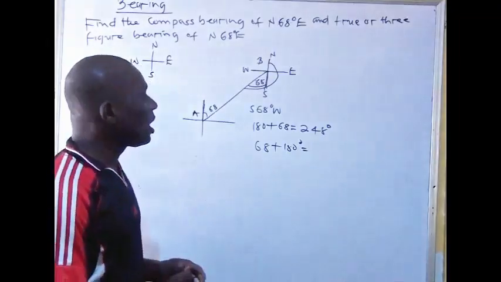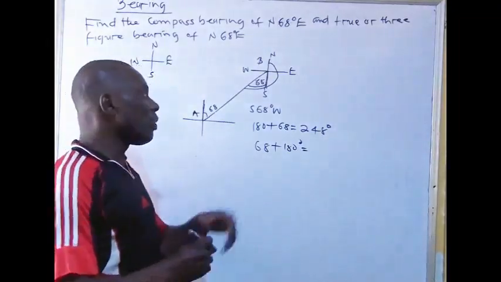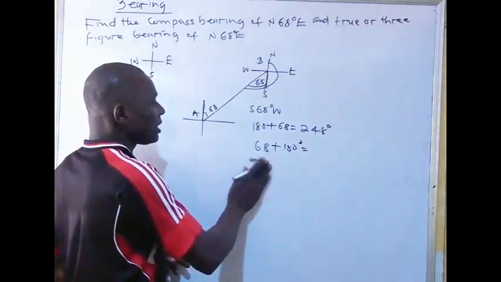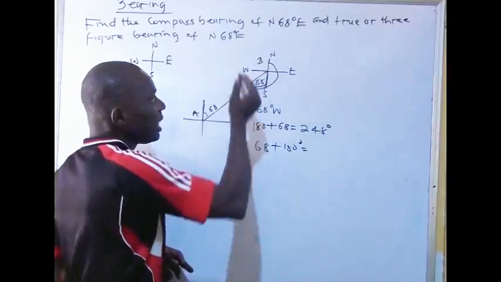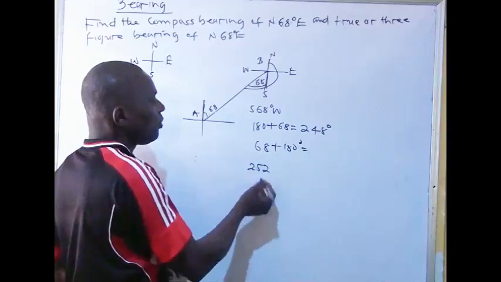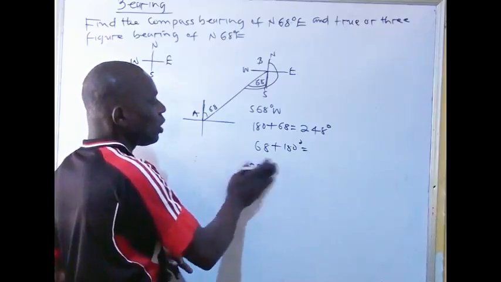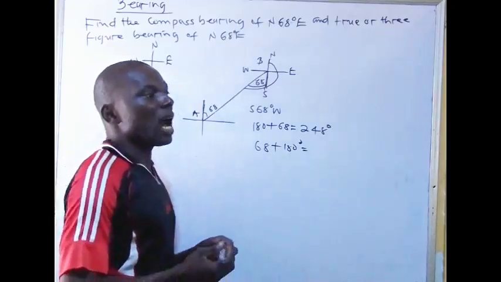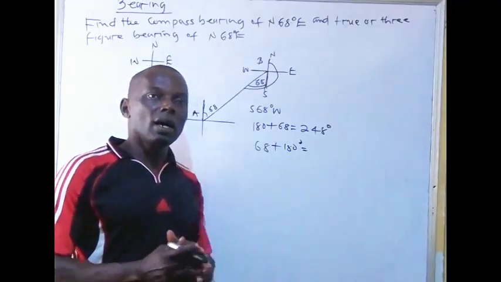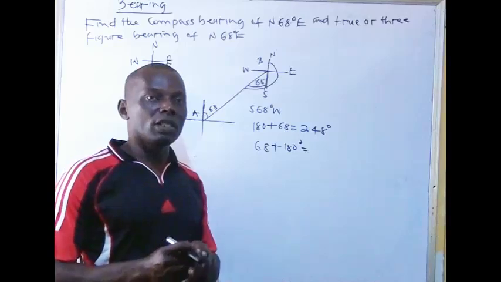On the other hand, if the bearing given is more than 180, let's say it's 252, the bearing will just be 252 minus 180. That is how to use what we call back bearing in resolving simple questions of this nature.